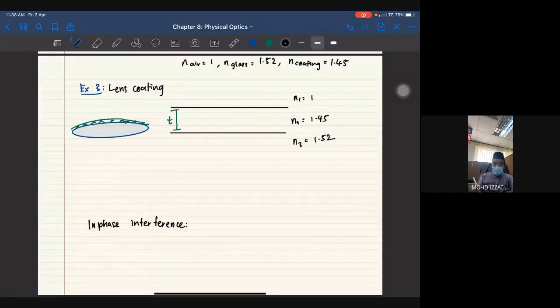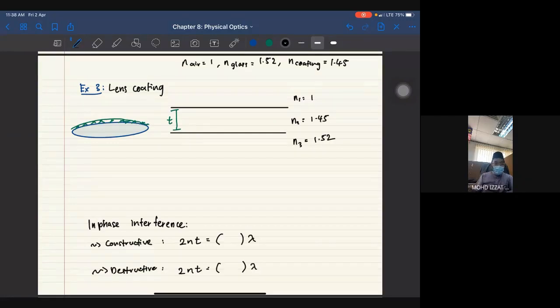If it's in phase, it still has two formulas: constructive and destructive. The easiest way to remember is that if it's in phase, it's like the double slit. I mean, M is for constructive, M plus half is for destructive. So the formula is like this: 2nt equals m or m plus half lambda.